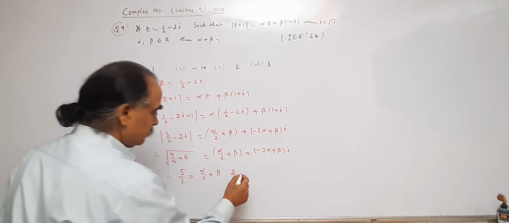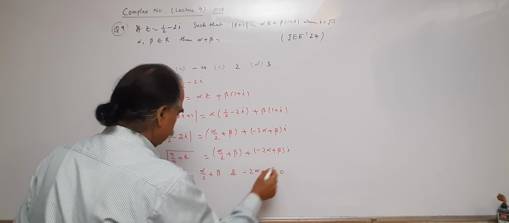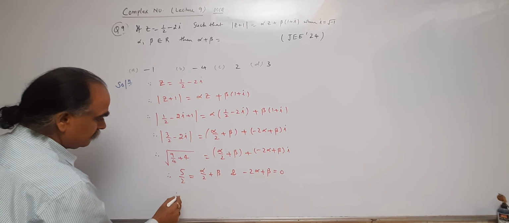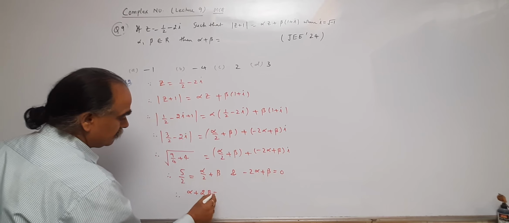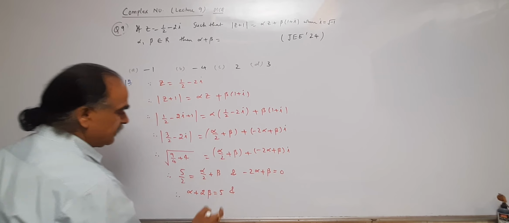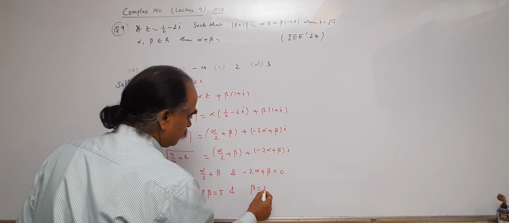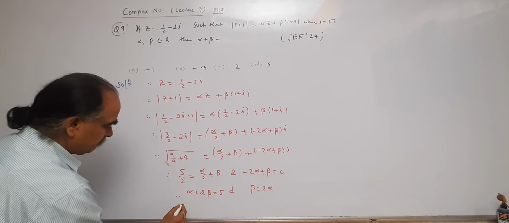And so 2 you multiply. So alpha plus 2 beta is what? 5. And beta is what? 2 alpha. So replace beta by 2 alpha.